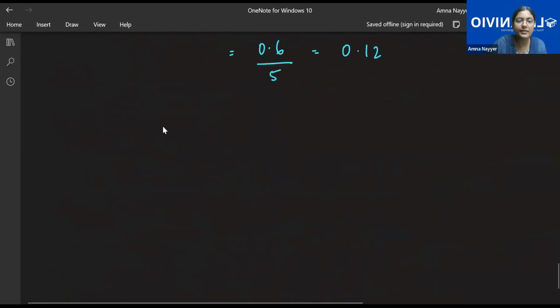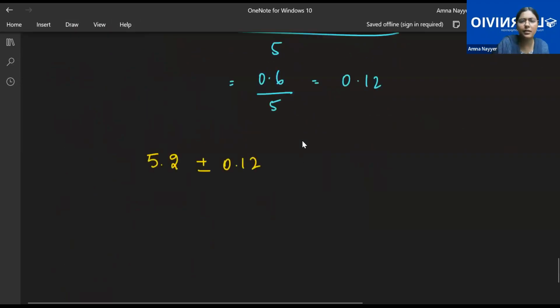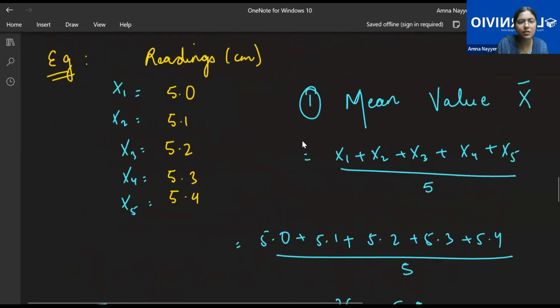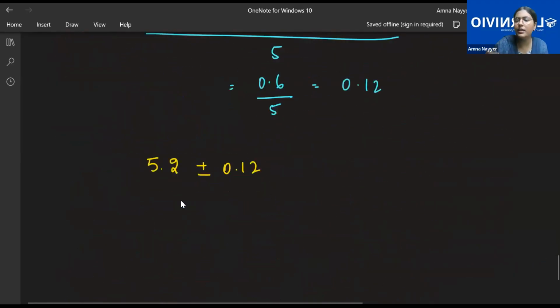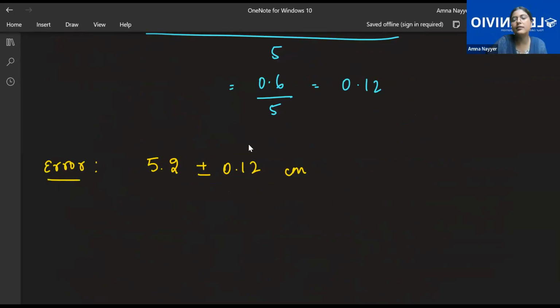I'm going to write this as 5.2 plus minus 0.12, this much. And let's say this is in centimeters, let's say this is length only. I think we were discussing the length of a pen, yes. So this many centimeters is the error in all these values. This is how we represent and write our final answer.